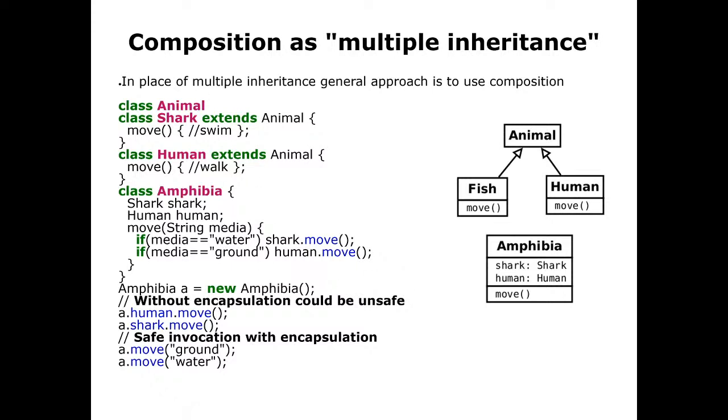You want to use amphibia as the fish, so you create an instance of the class amphibia and initialize the global attribute shark, for example, but you don't initialize the attribute human.